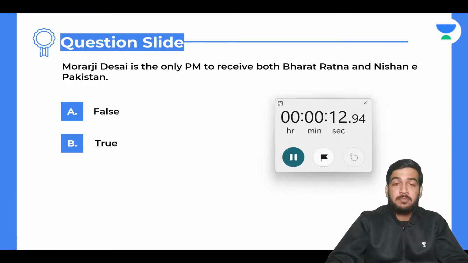Pakistan has had multiple prime ministers who have initiated peace. But is Morarji Desai, the 4th Prime Minister of India, the only Prime Minister to receive Bharat Ratna and Nishane Pakistan? Is it true or false?